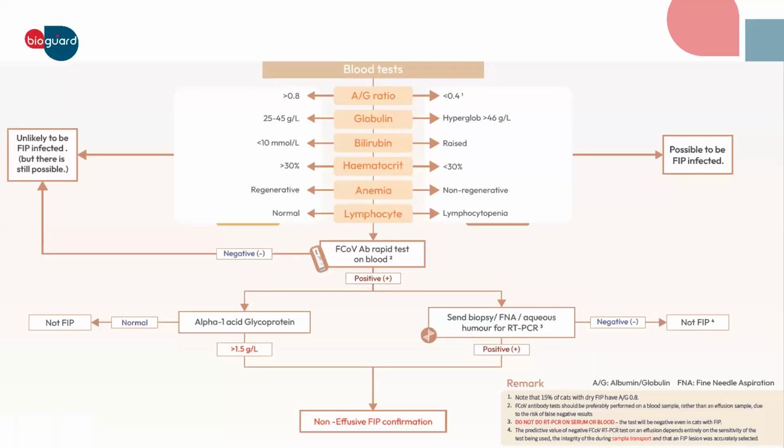However, if it's normal, then it's again not an FIP case. So maybe the sample collected is not from the right area or the target organ that is infected by FIP. Okay, so taking a sample in non-effusive or dry form FIP is very important to be considered.